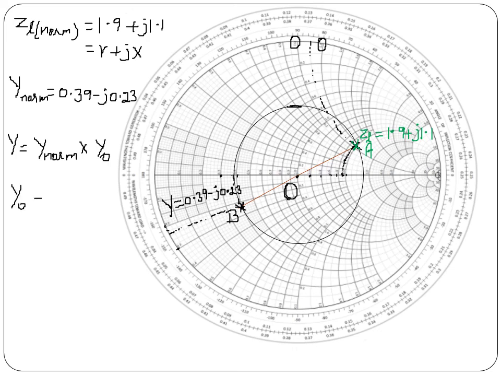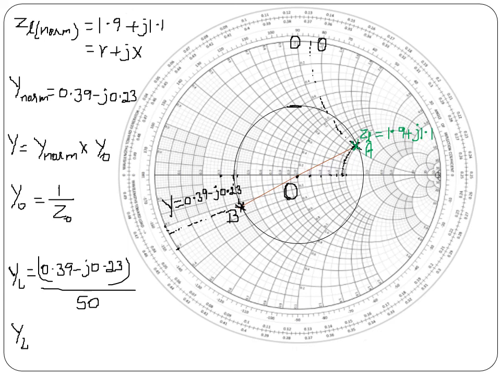Y naught is equal to 1 by Z naught. Therefore, Y is equal to load admittance for the given problem 0.39 minus j0.23 divided by 50.